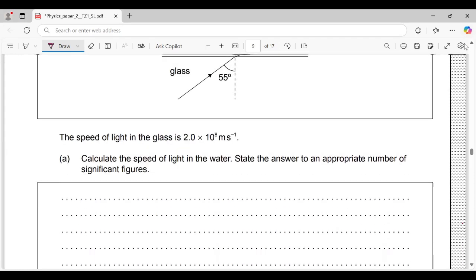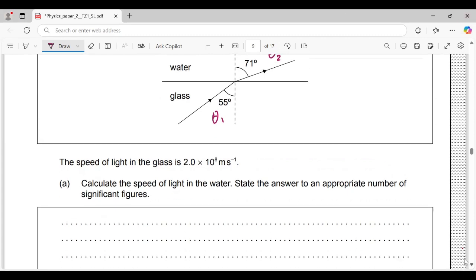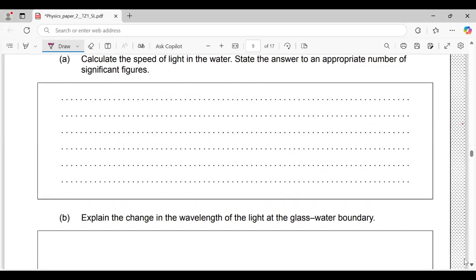Right. This is theta 1 and this is theta 2. So theta 1 is 55, and theta 2 is 71.